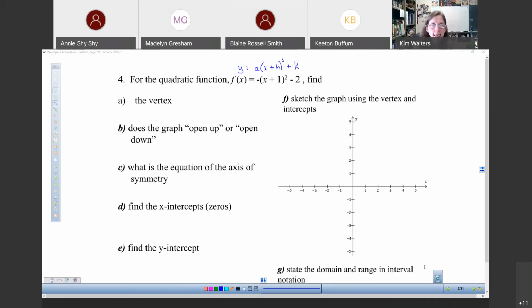Remember, the vertex is HK. If you want to type in your ordered pair for your vertex to me, if you want to send it to me privately, I will check it for you.